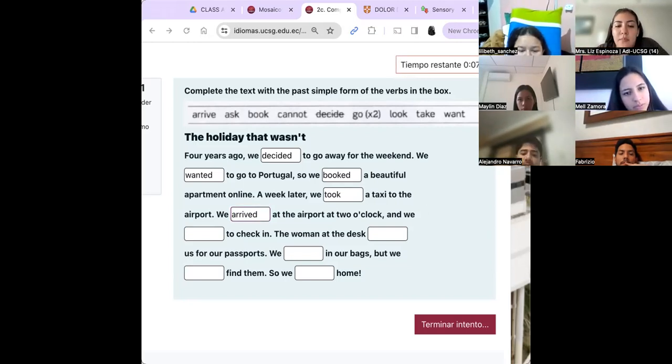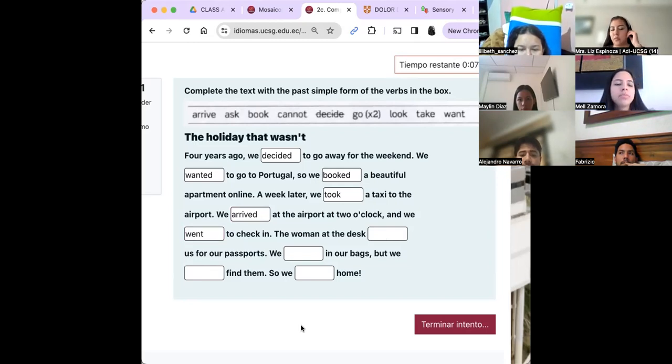And we to check in. When. We went to check in. Yes, sometimes you do the check-in online, but if you don't do it, you have to do it at the airport. Then the woman at the desk asked for our passports. We what?